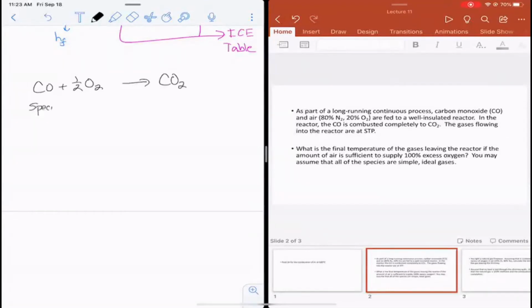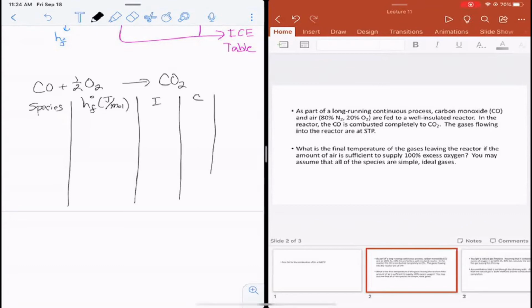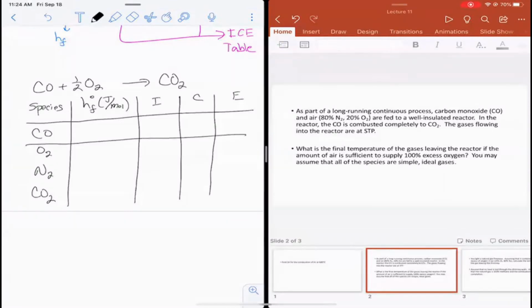Let's make something that looks like an ice table. I'm going to modify it slightly. Let's look at species. We know we're going to need the standard heat of formation, so let's have that as a part of our table. And then let's build on this: we have the initial, the change, and the exit. We have CO, O2, because it's air, N2, and then of course CO2.